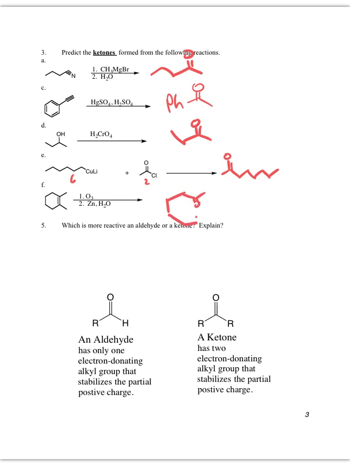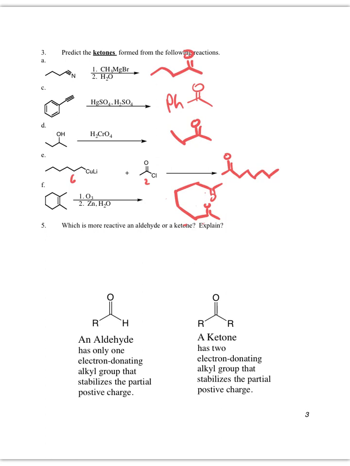And then the last one we learned in org 1, ozone: a double bond completely cleaves, giving ketones or aldehydes with dimethyl sulfide or zinc and water, and ketones and acids with peroxide.